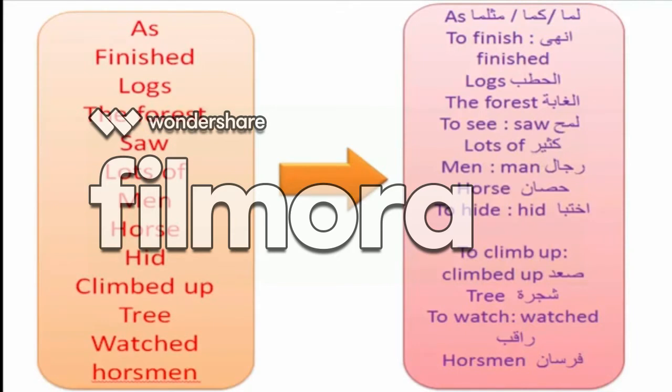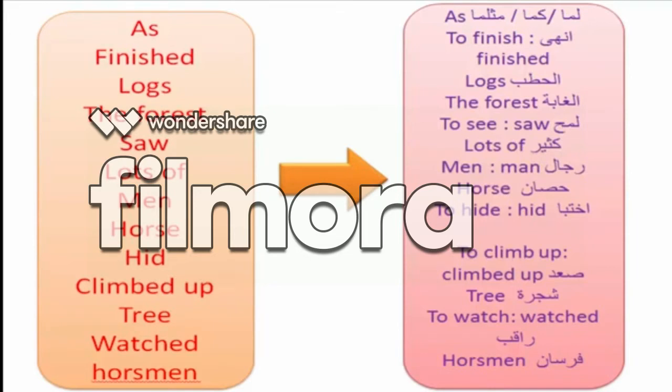We have also the word logs. Log or logs, plural, al-hatab. The forest, al-ghaba. We have the verb to see, in the past becomes saw, pronounced with an O sound. لمح. I saw, you saw, he saw, she saw.